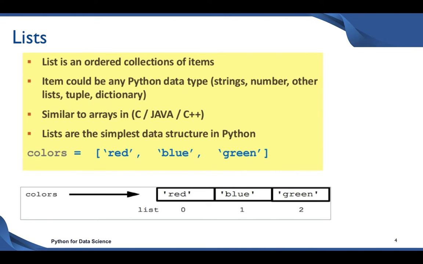This is the basic difference between a list and an array. Now here on the screen you could see that a list is represented by square brackets. So colors is of type list, and the data type it holds is string.